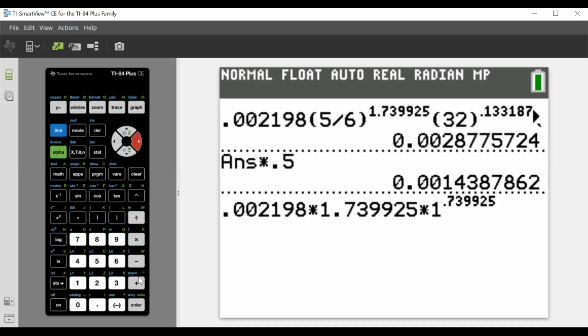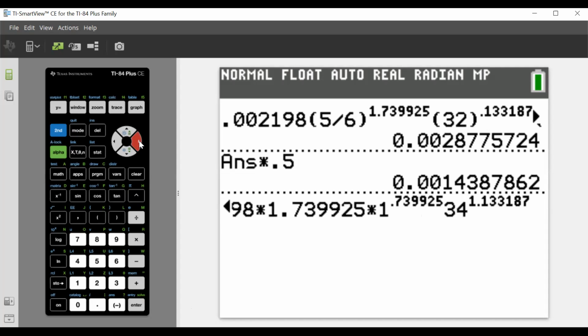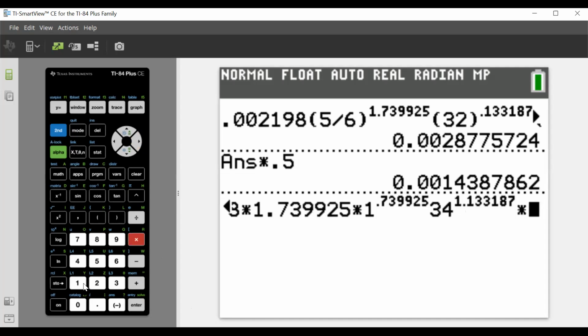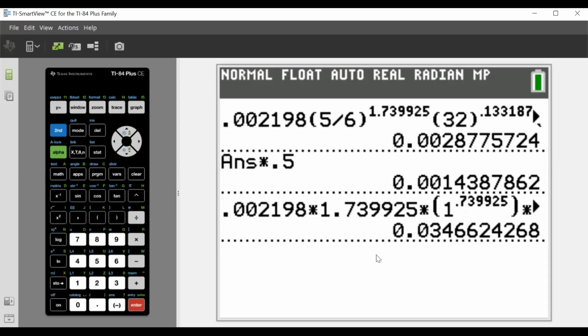And then times 34 to the 1.133187, arrow down again, and then times 1 divided by 6.